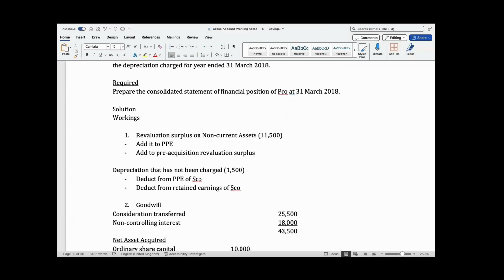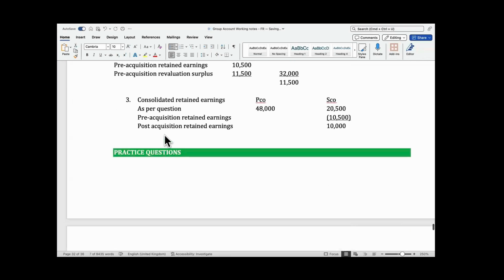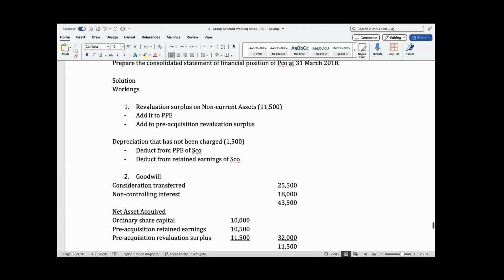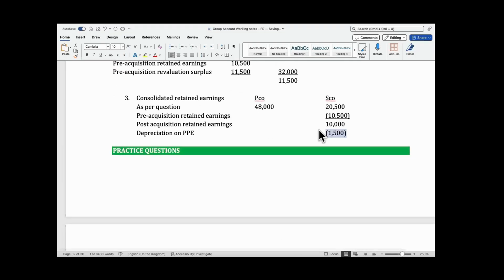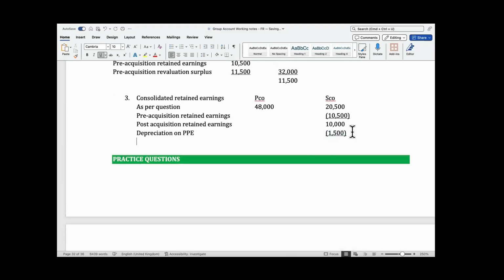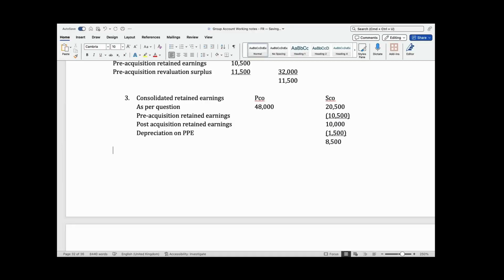Then deduct depreciation. It's 1.5 now. Yes, 1.5. What's the balance? 8,500. Okay.